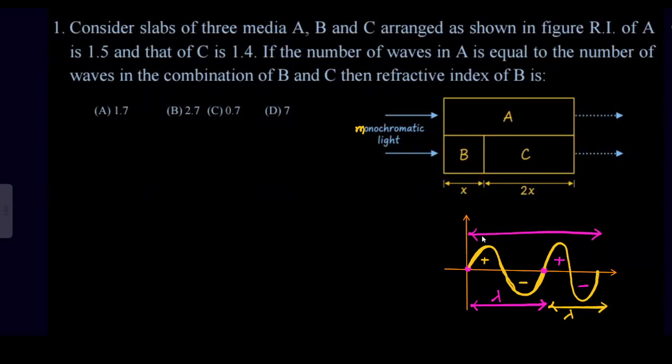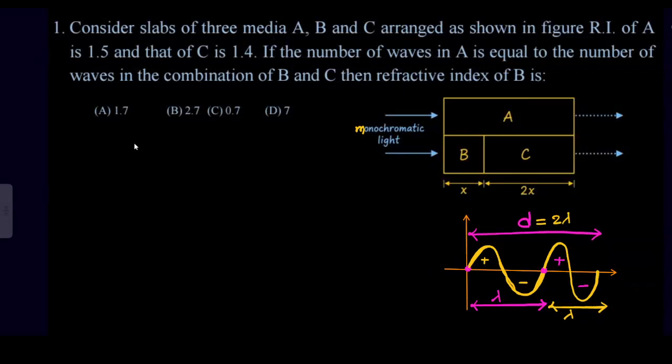Fine. Now here, if I call the total distance d, can you tell me the number of waves formula? The total distance is d. The number of waves equals d by lambda. Yes or no? Here, how much is the d value?